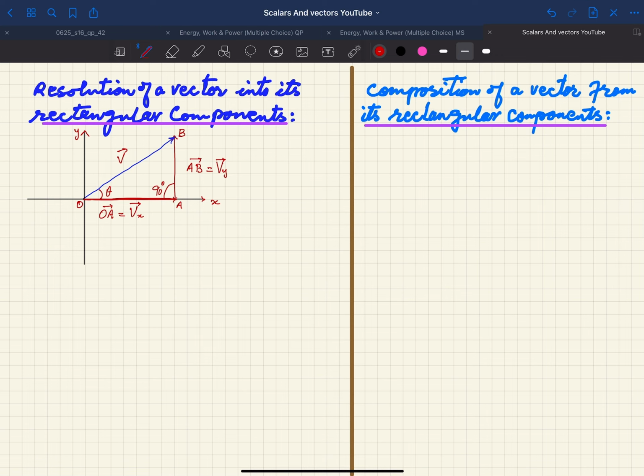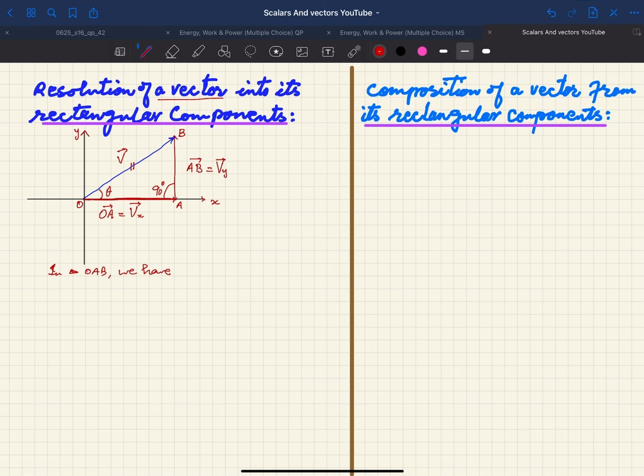Now, in triangle OAB, what we are doing is resolving our vector. Which vector did we have? We had vector V, and we are resolving, that is, dividing this vector into its components.